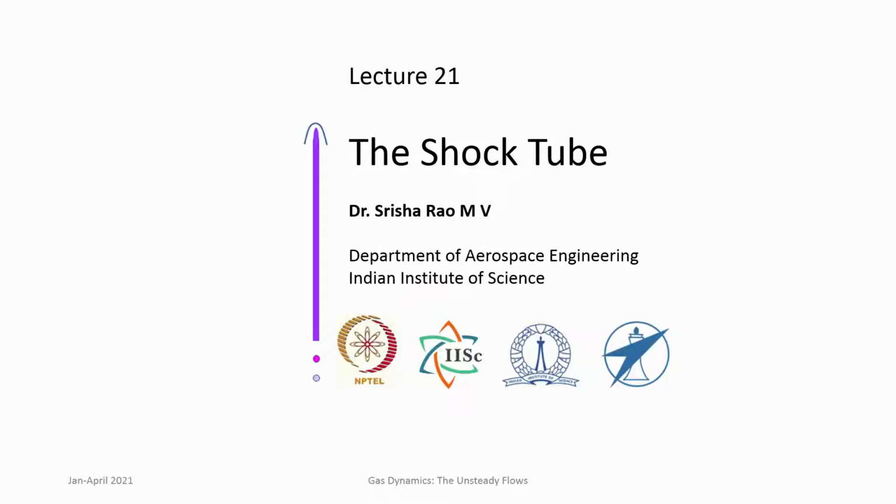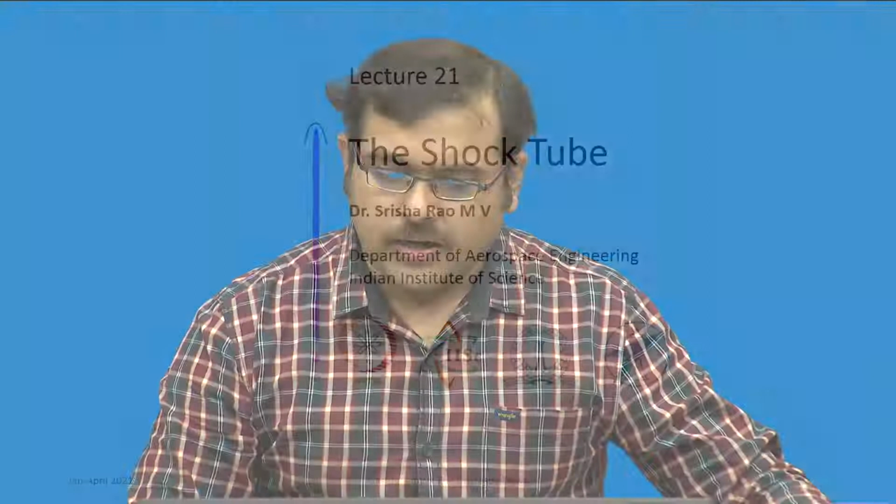We will do that elaborately with respect to one particular device, the shock tube. The shock tube is a perfect example of an unsteady gas dynamic, one dimensional problem. A small part of it we had begun towards the later half of the module on normal shocks, which was on moving normal shock.